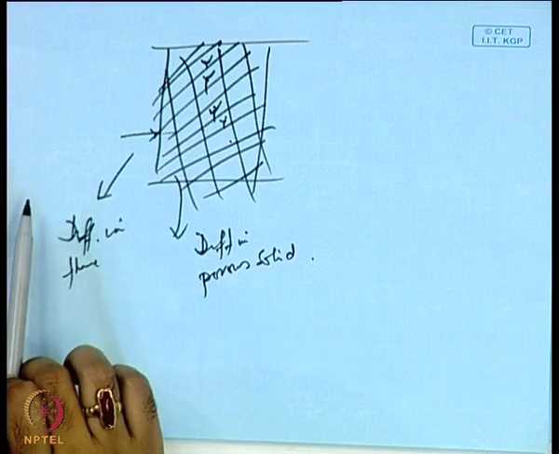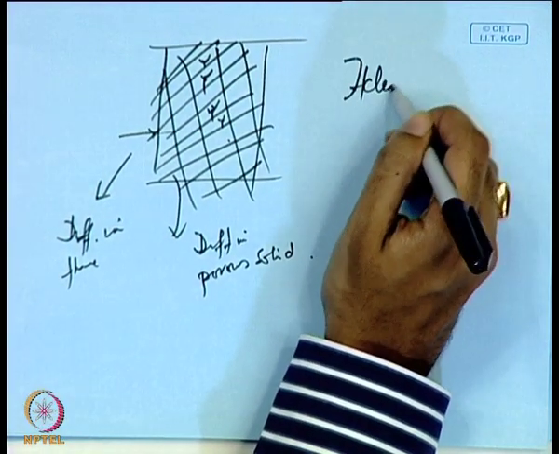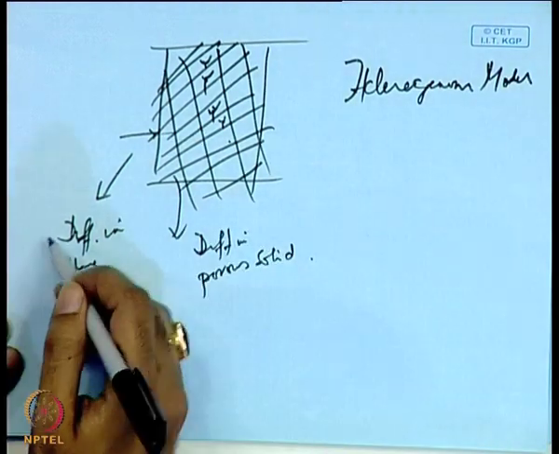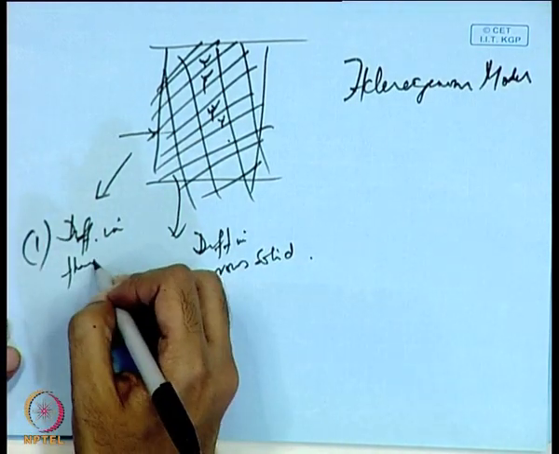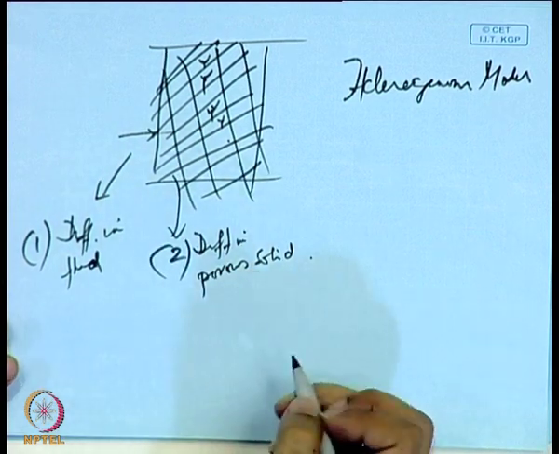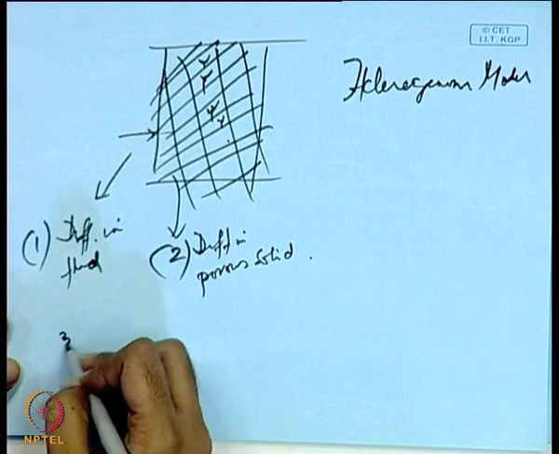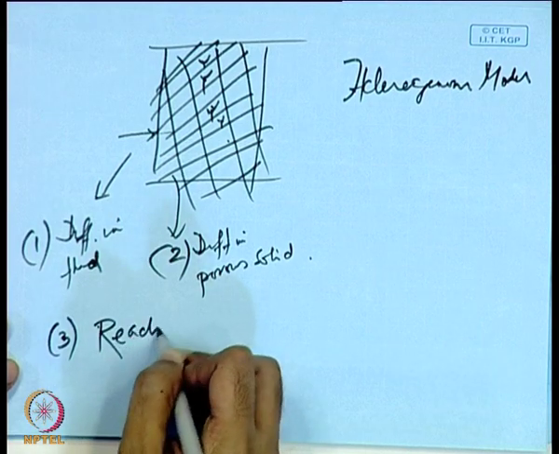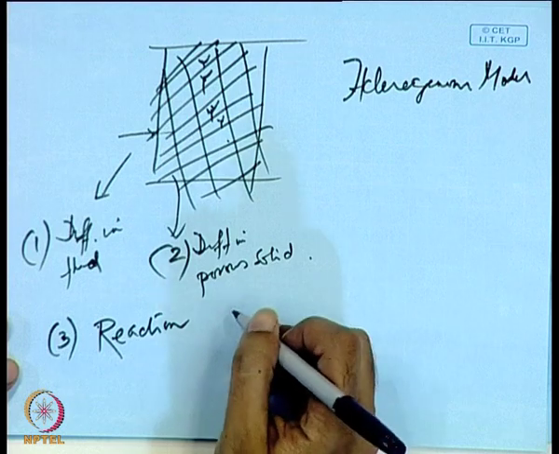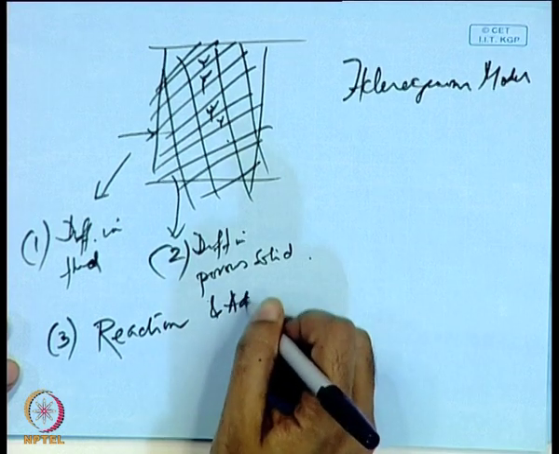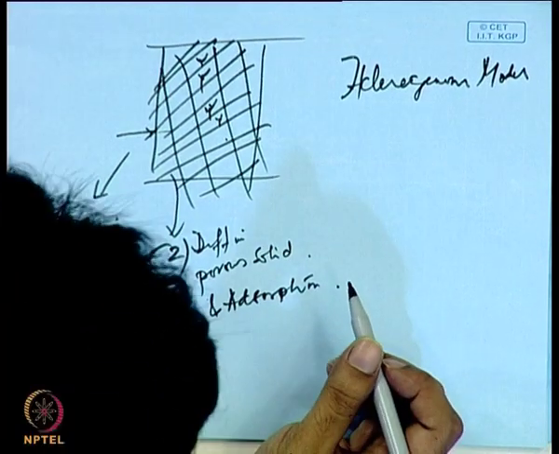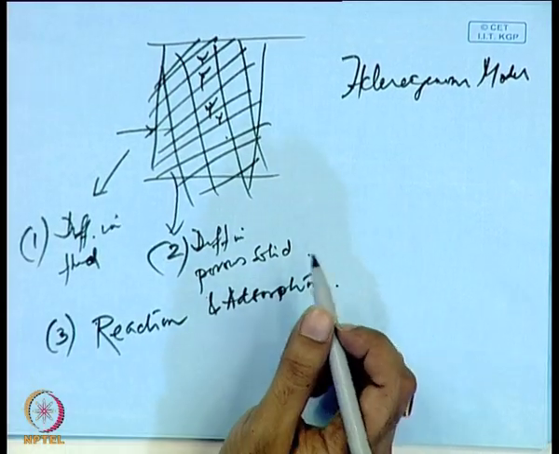So, if I am to do a heterogeneous model of this, my step 1 is diffusion in fluid. Step 2 is diffusion in porous solid, then step 3 would be adsorption, or you can just go straight to reaction if you want. Reaction and adsorption, you can say. But what is the challenge that we face over there?